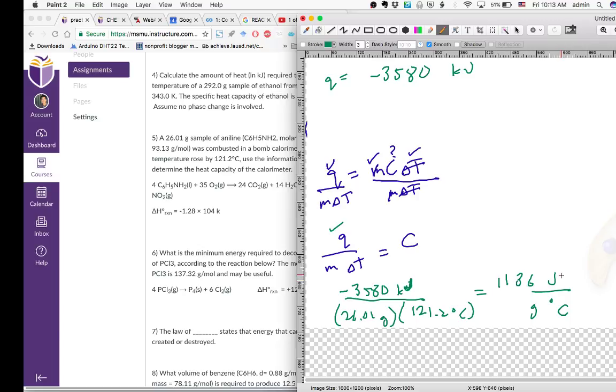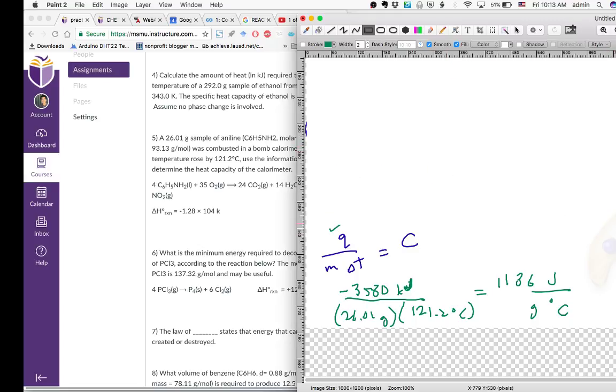Now, let me draw you a picture so that you could understand conceptually what this type of problem is describing. It is describing, as it says, a bomb calorimeter. A bomb calorimeter is a device. It's usually solid metal, and there's some opening, some hollow space in the middle of it, where you do a chemical reaction.